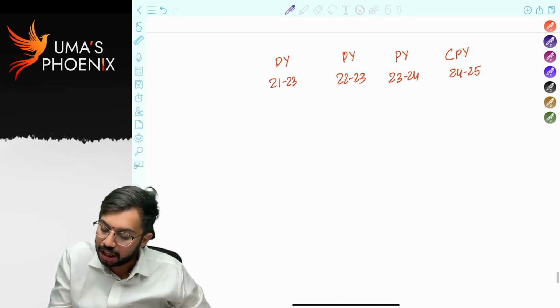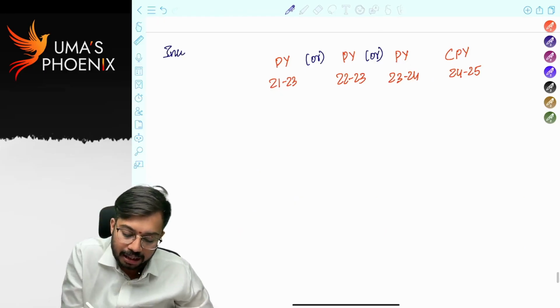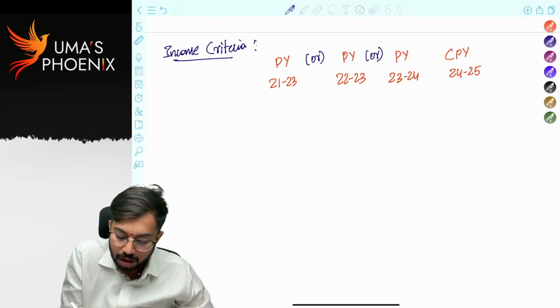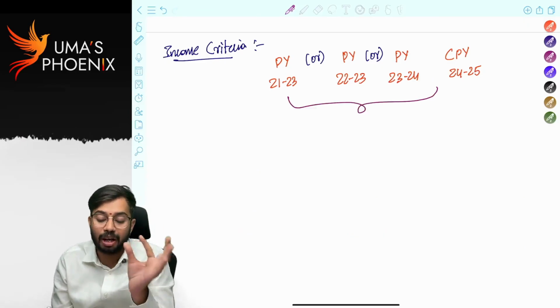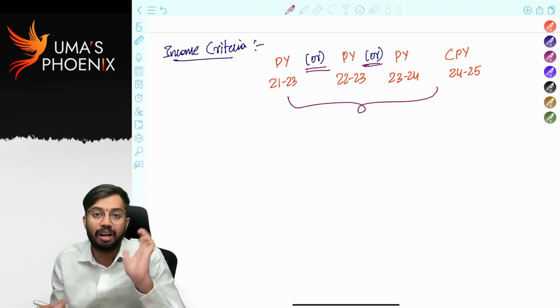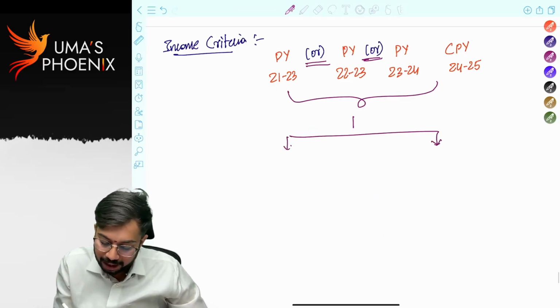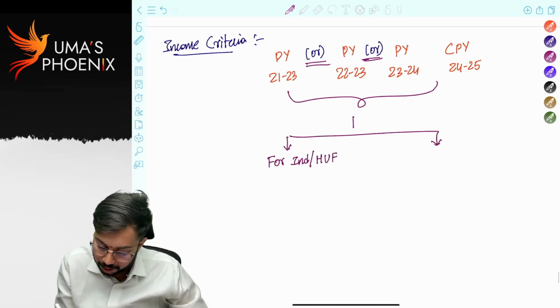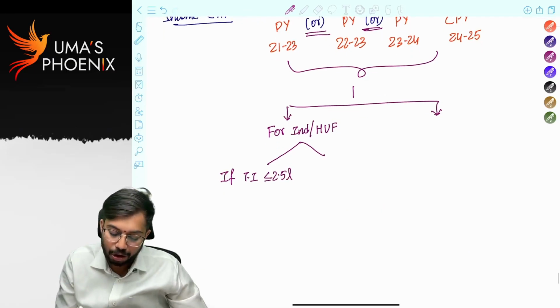What is the conjunction? The conjunction is "or". Out of the last 3 previous years, right now we are discussing the income criteria. In the last 3 years, for any one of the previous years, for individual or HUF, if total income is less than or equal to 2.5 lakhs, no books of accounts.